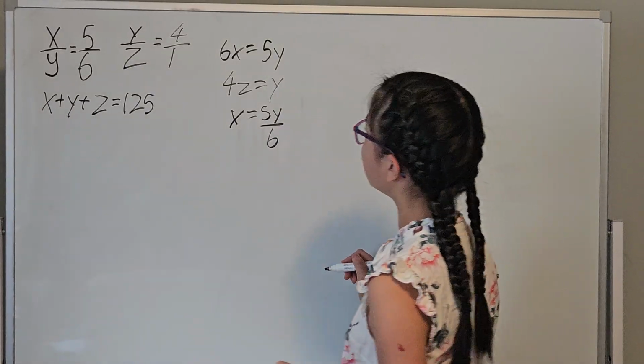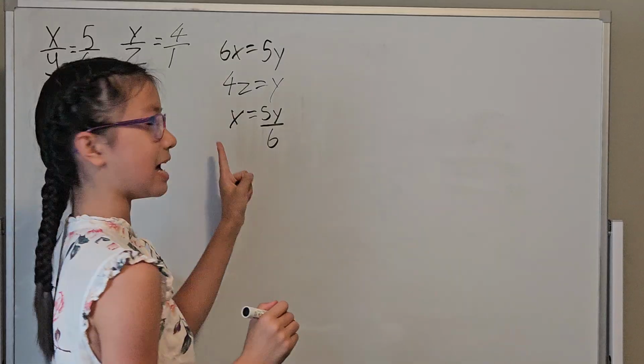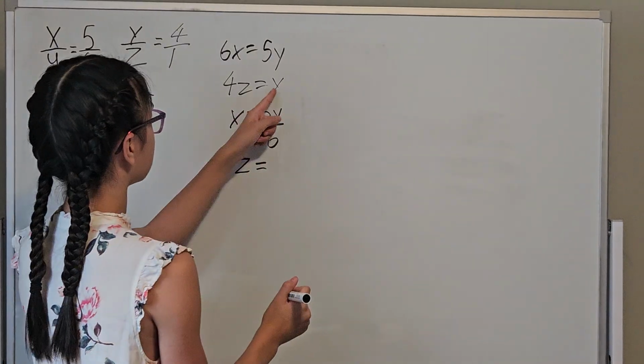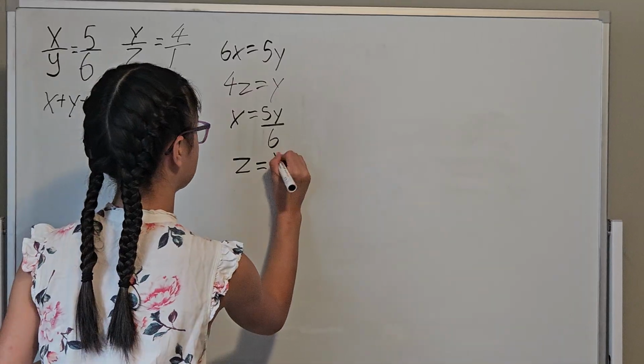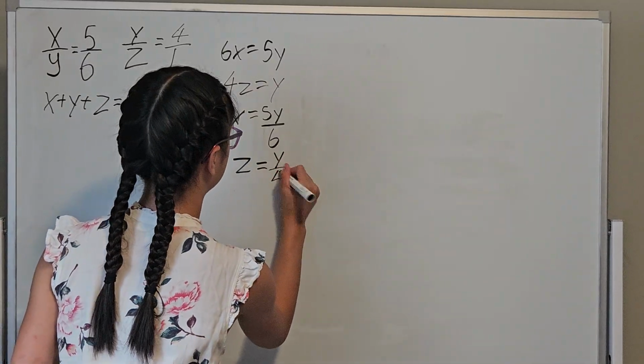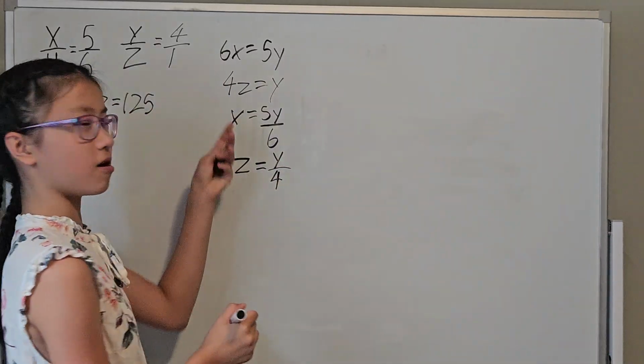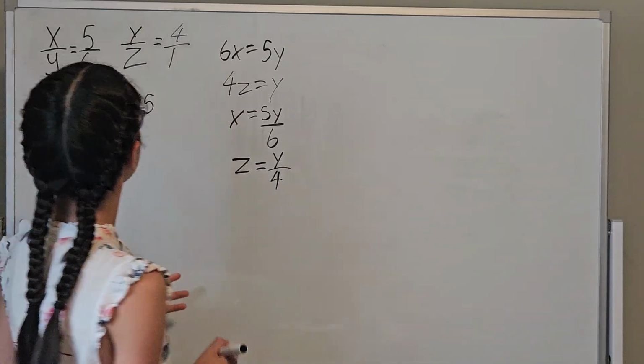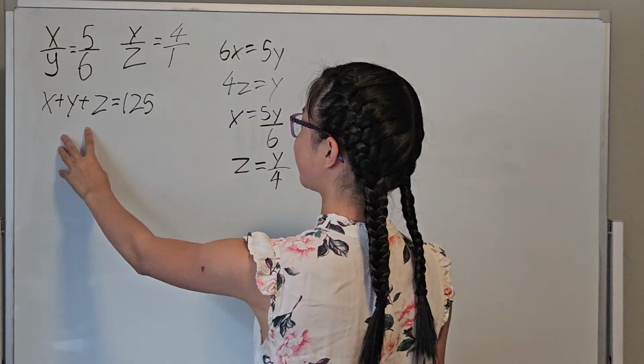And then we need to do the same thing for z, which means z equals y over 4. So now we see our lovely ingredients over here, and then we can put it together to find the answer.